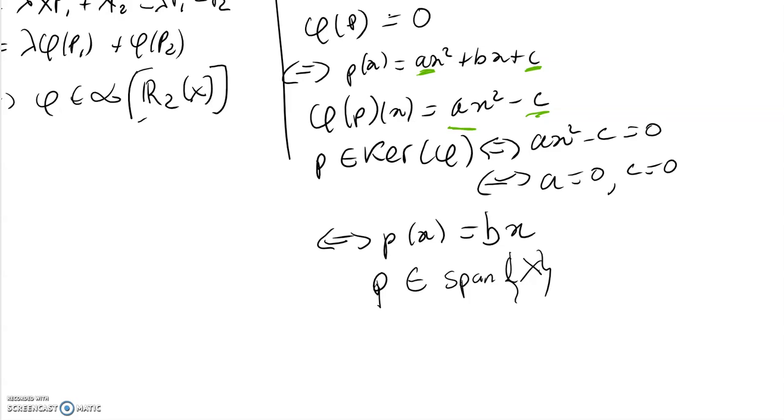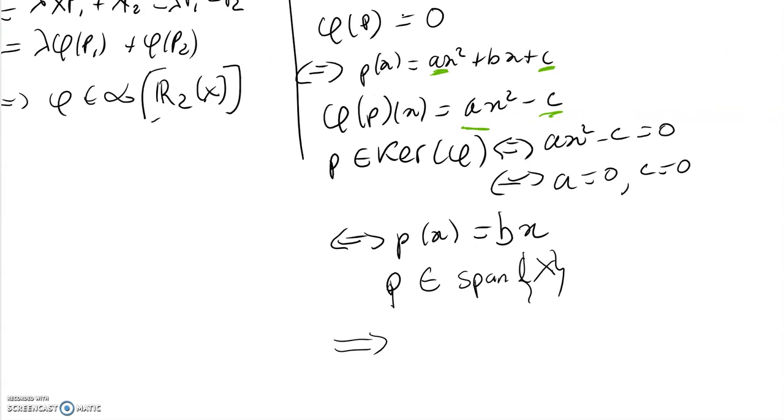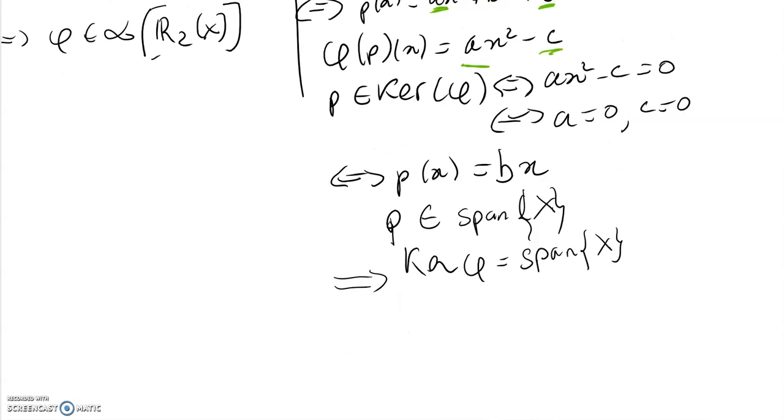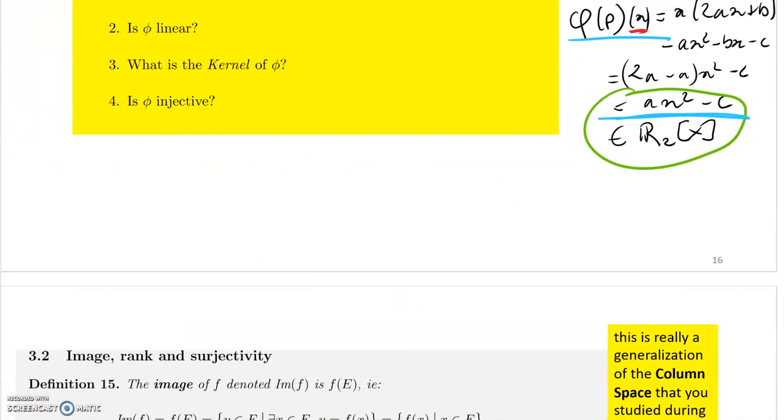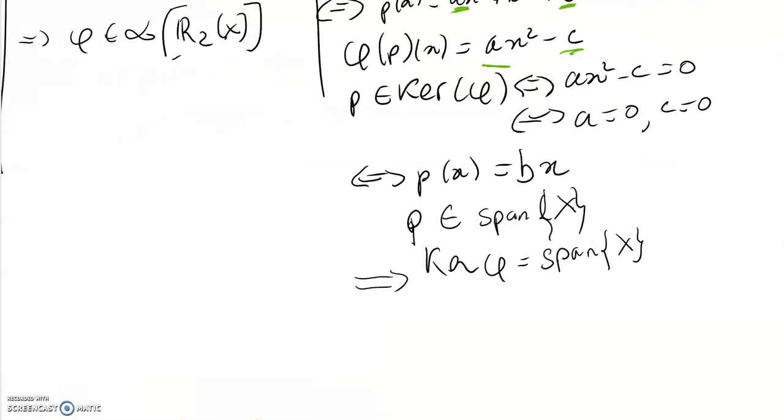All right, so the kernel of phi, that's the answer to that question. The kernel of phi is all the polynomials that belong to this span. So this is exactly equal to the span of x. And so we can directly answer the fourth question.